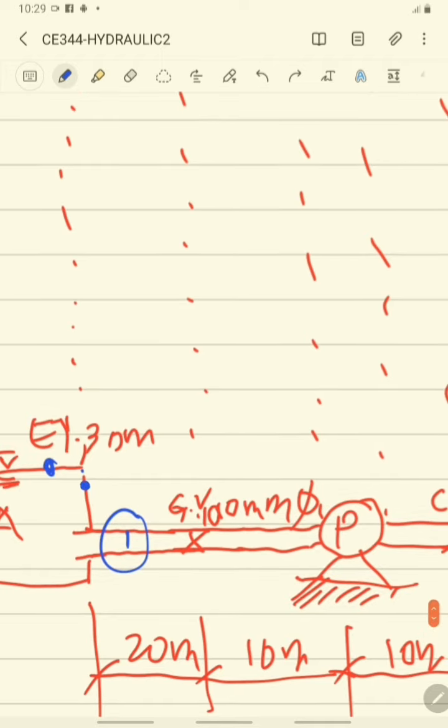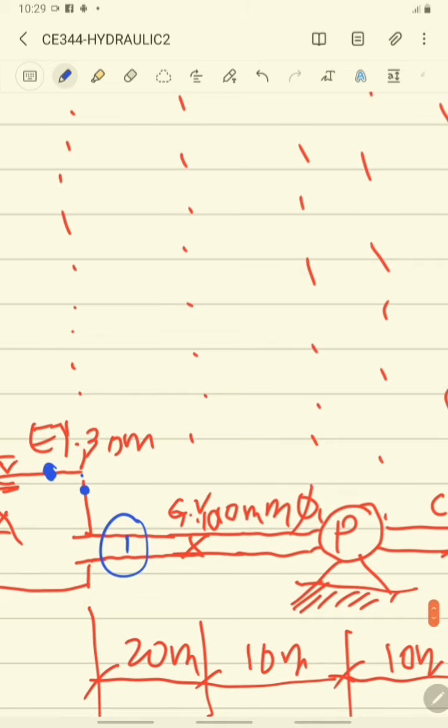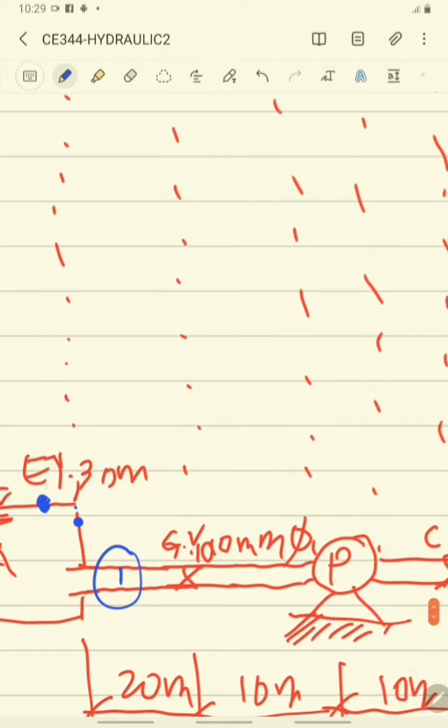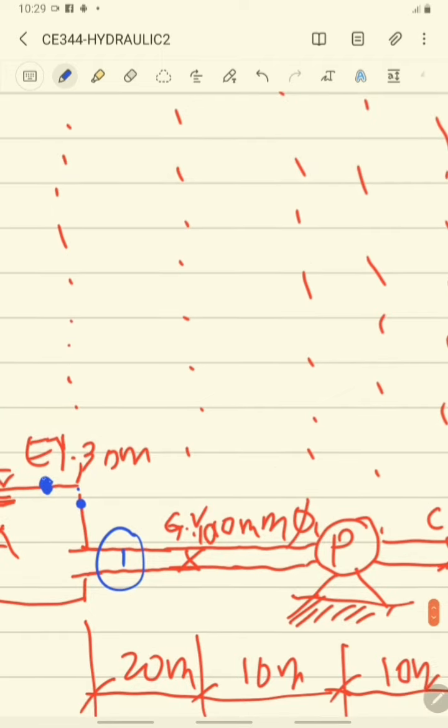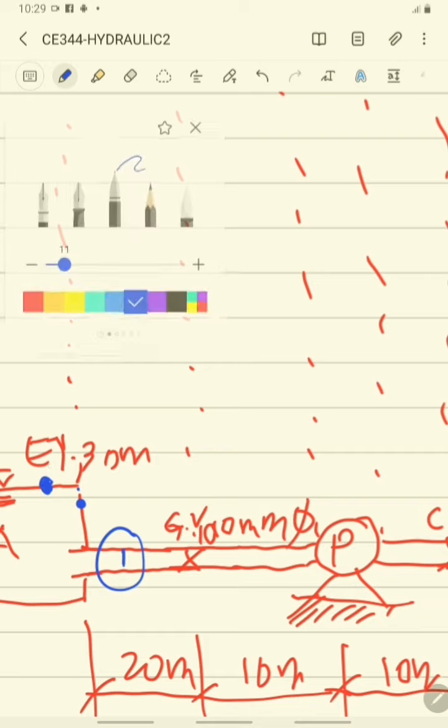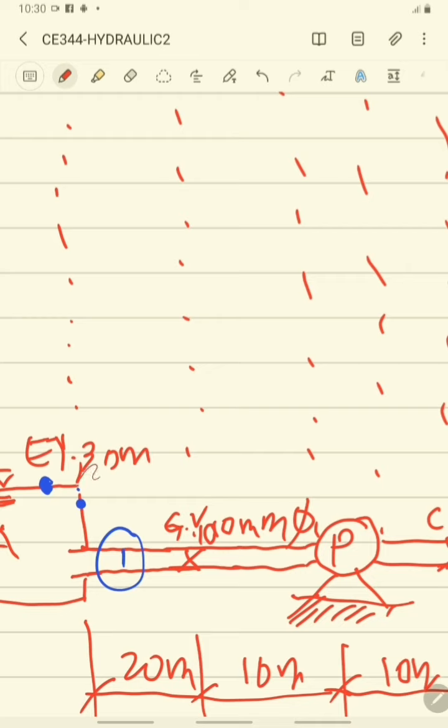We know that at the entrance you have losses, so we have 30 as the total head at that point. If you write the energy equation from the water surface to the entrance, you know there is a head loss at the entrance.